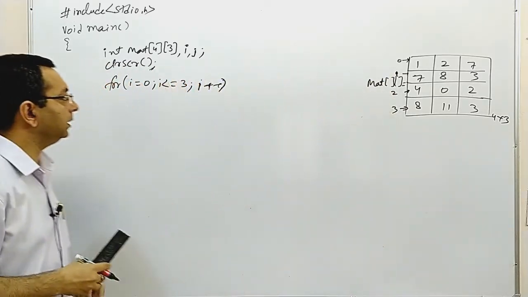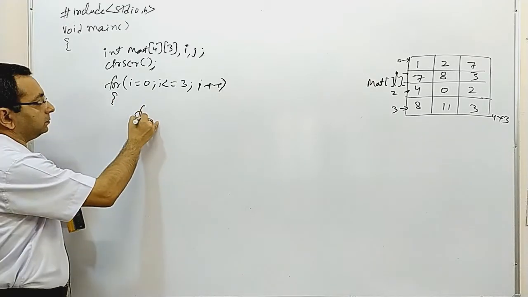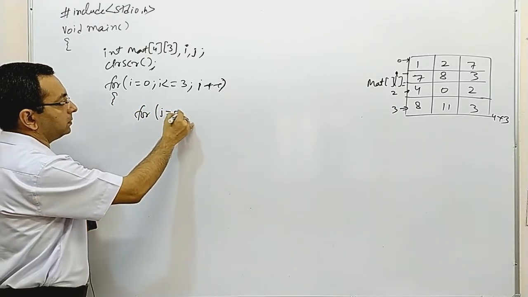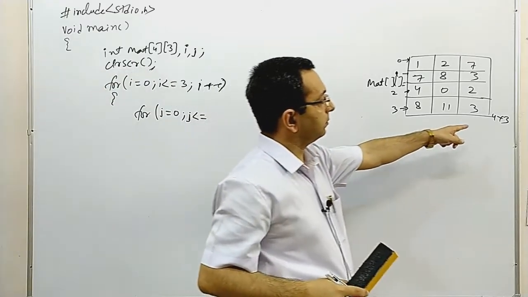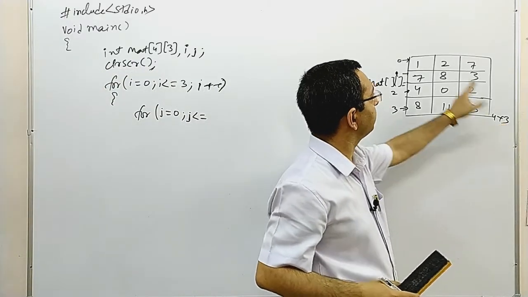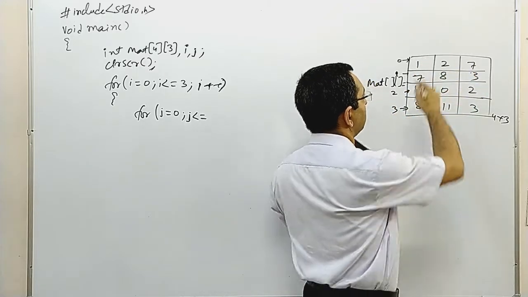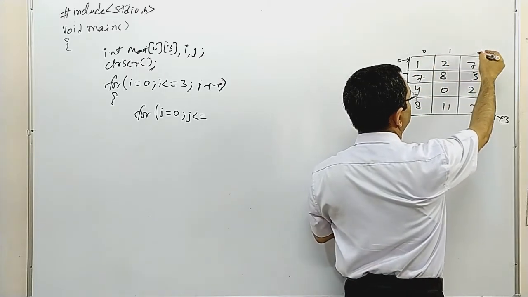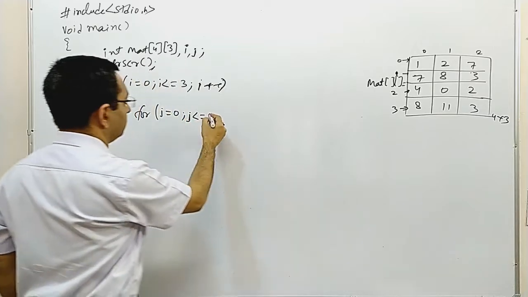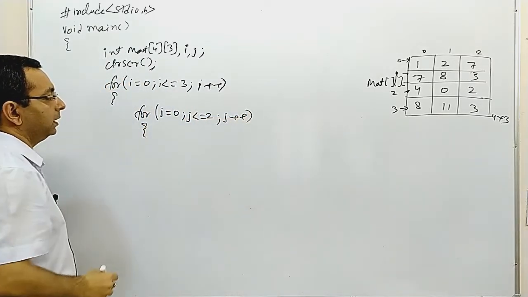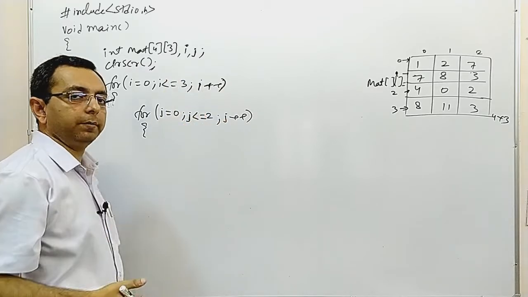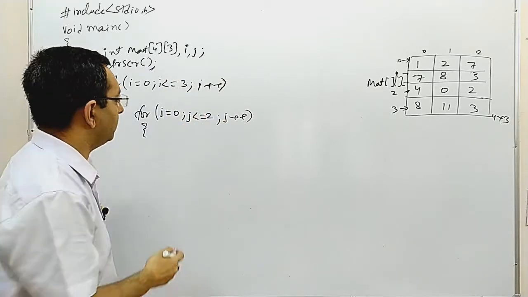So 0 to 3, and then for column 0 to 2, because the maximum size of column is 3, so 0, 1 and 2. And j will be incremented, and then we have to give a message to enter any element.